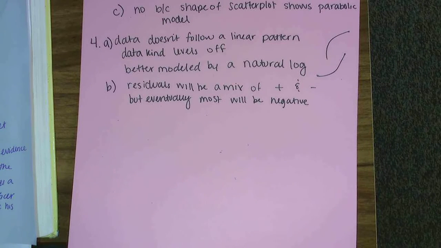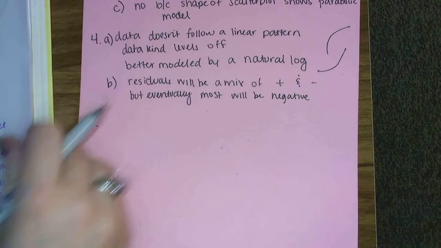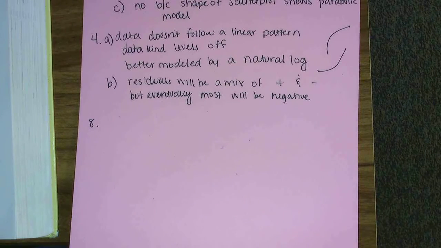Alright, let's look at 8. Movie ratings. Does the cost of making a movie depend on its audience? Here's a scatter plot of the same data from the problem above.